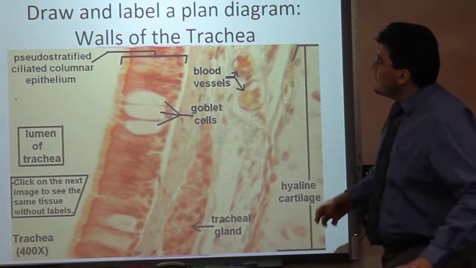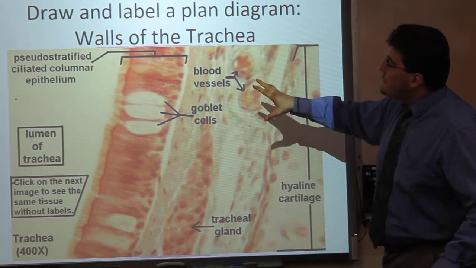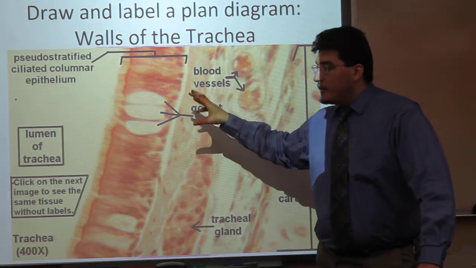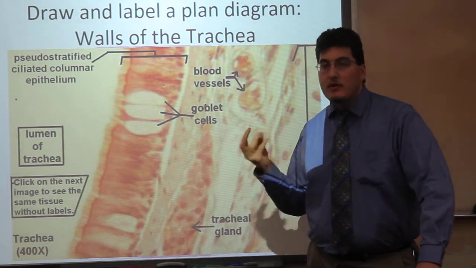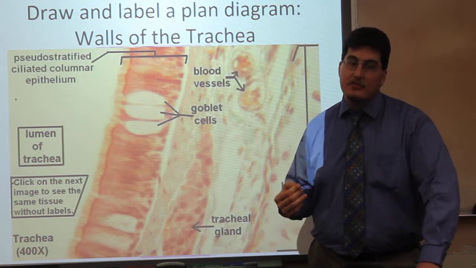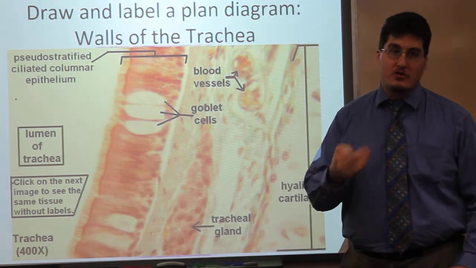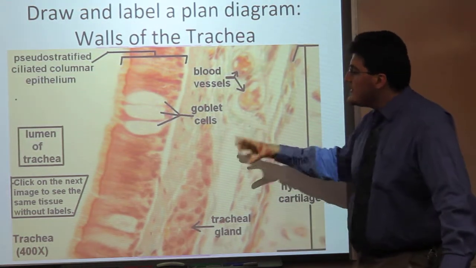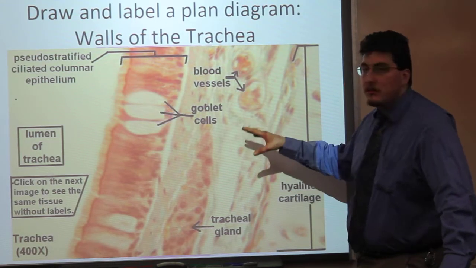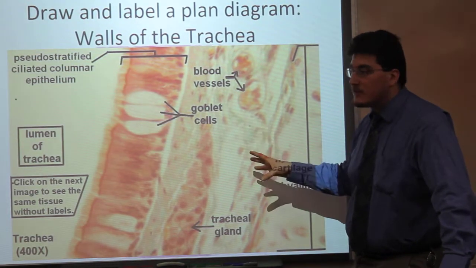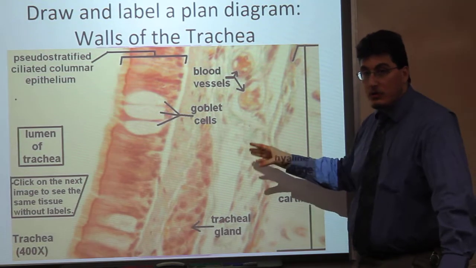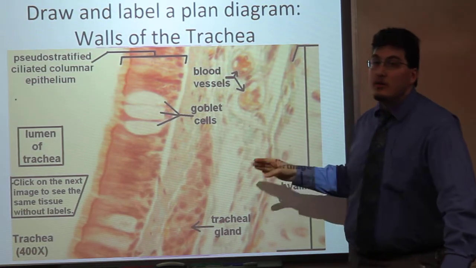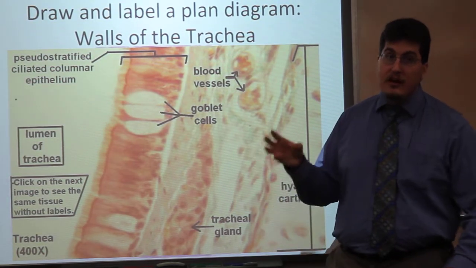Now, the goblet cells are there. In the trachea, you're going to have a greater concentration of goblet cells than lower down in your respiratory tract. In these tracheal glands, these seromucous glands, you're going to have a watery secretion. That watery secretion has the job of humidifying the air.